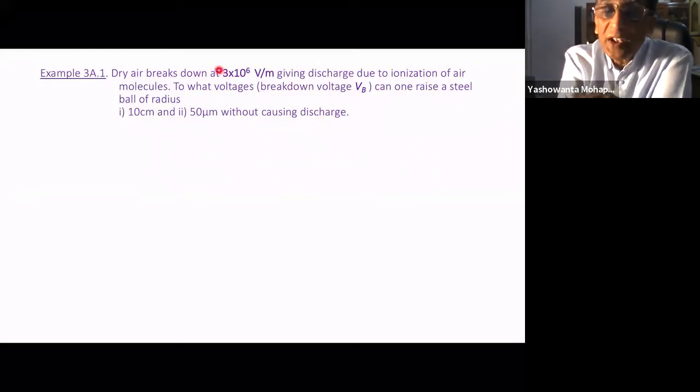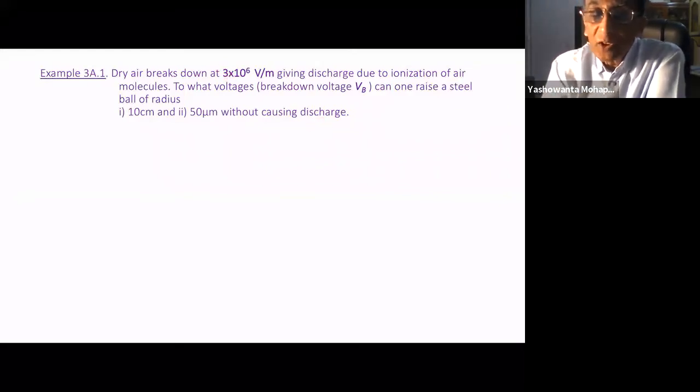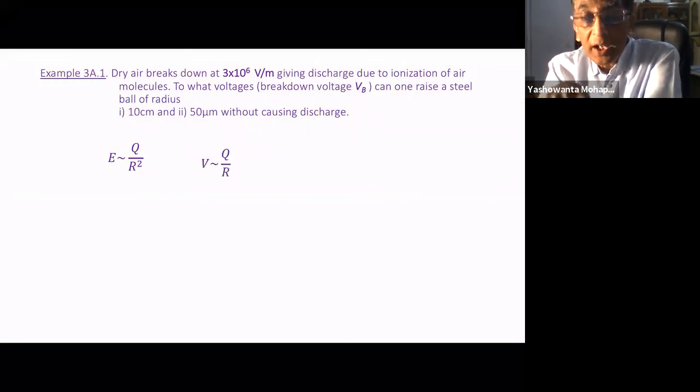For the same field, the argument can be very simple. The field goes as 1/r², and the voltage goes as q/r.